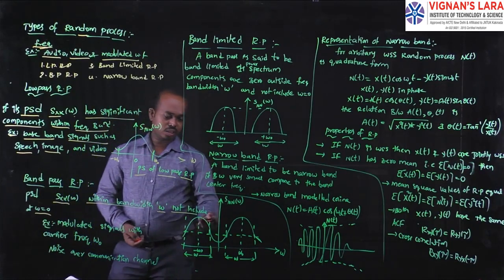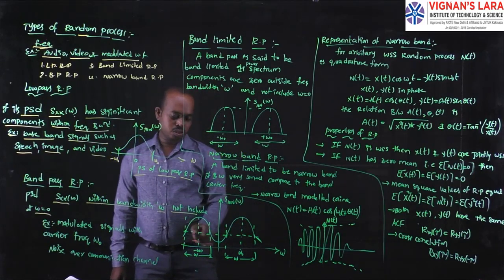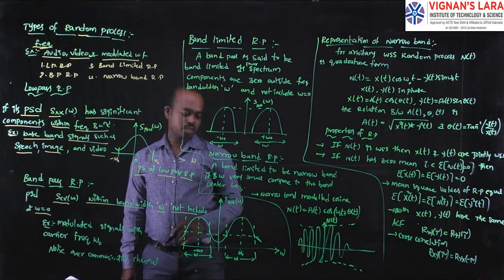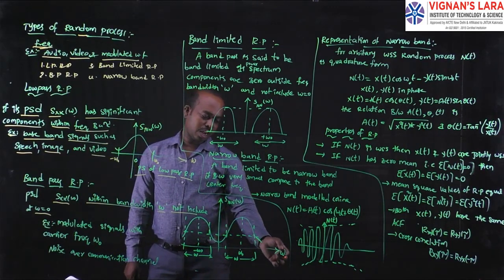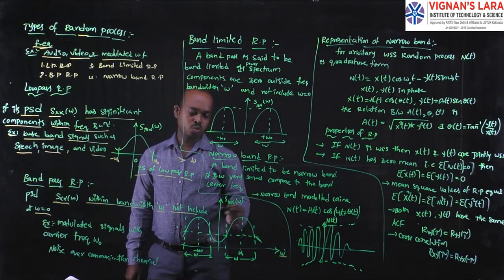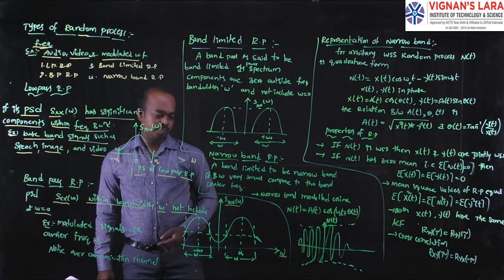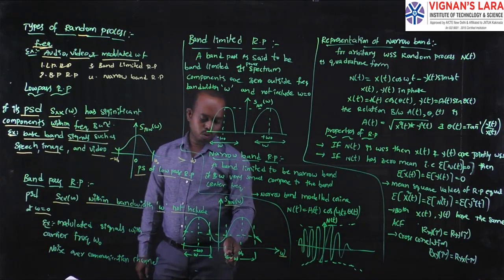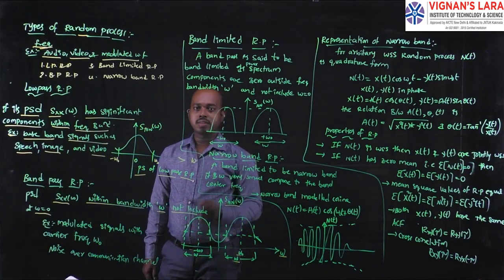Here you can see the graph. In that graph, I take two spectra. One spectrum lies on the negative axis and the other on the positive axis. The x-axis is omega and the y-axis is S xx of omega. Here W represents the bandwidth and omega naught represents the central frequency.